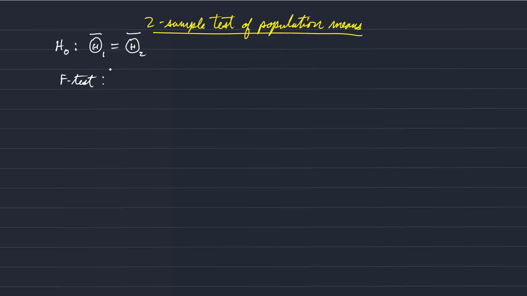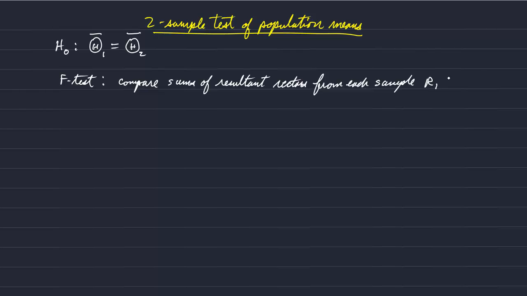and the overall strategy is to compare the sums of the resultant vectors from each sample. Now these are the resultant vectors, not the normalized resultant vectors.